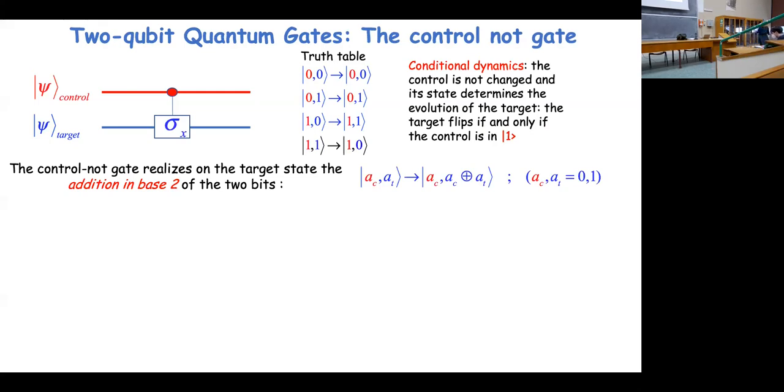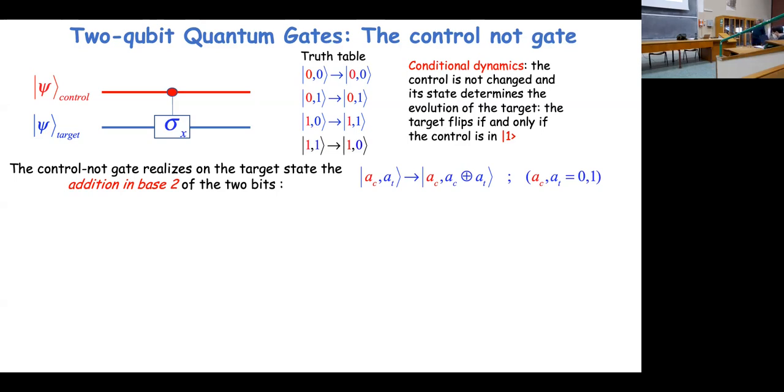You see that if you call A control, 0 or 1, and A target, 0 or 1, and you start with A control, A target, you get A control, A control plus A target. 0 will not change, but if you are in 1, you get 1 plus 1 gives 0.